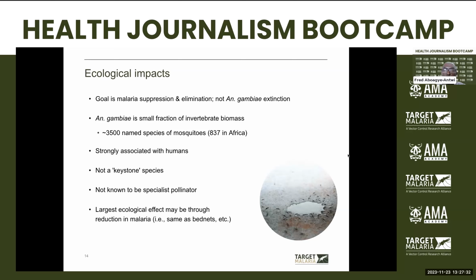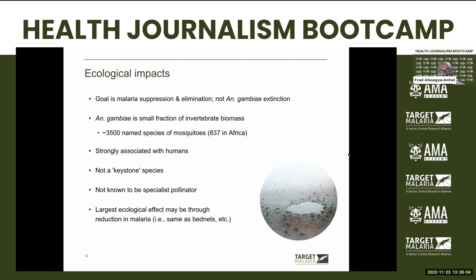I'll take us back to one of the very first slides, where we talked about the fact that as of now, there are some 3,500 species of mosquitoes that are known, of which 837 are in Africa. Anopheles gambiae is just one such species. It's a very small proportion of the total species of mosquitoes.